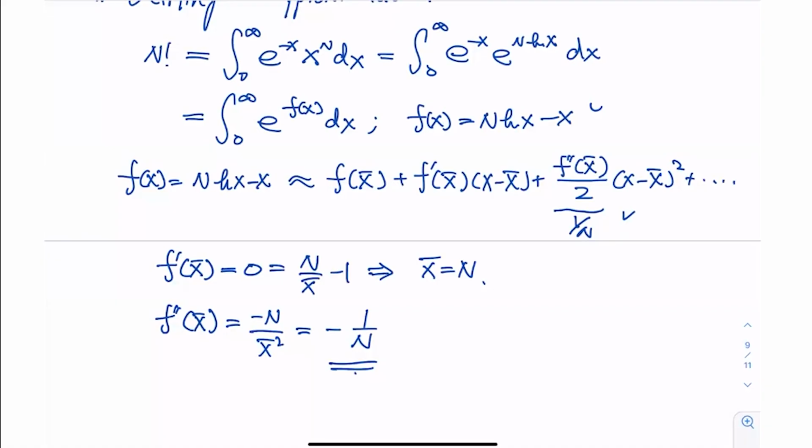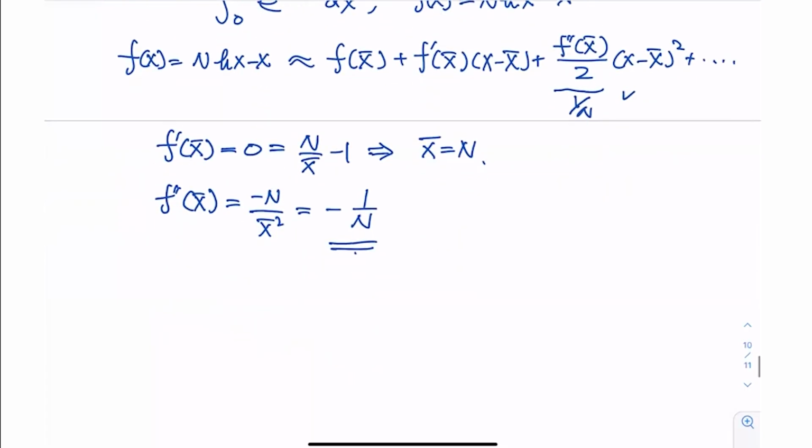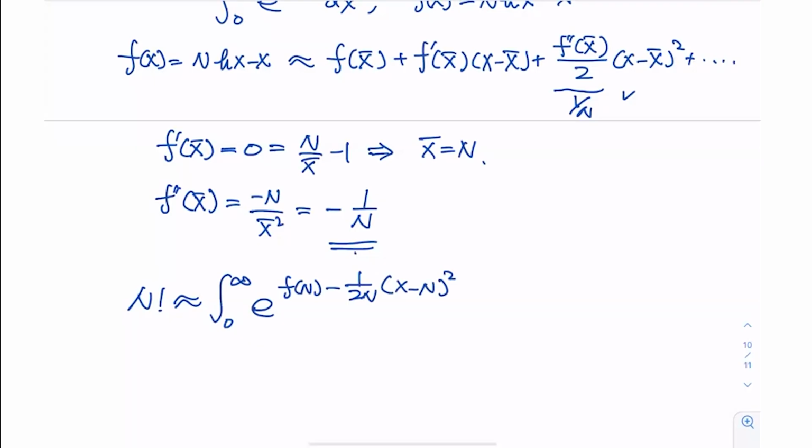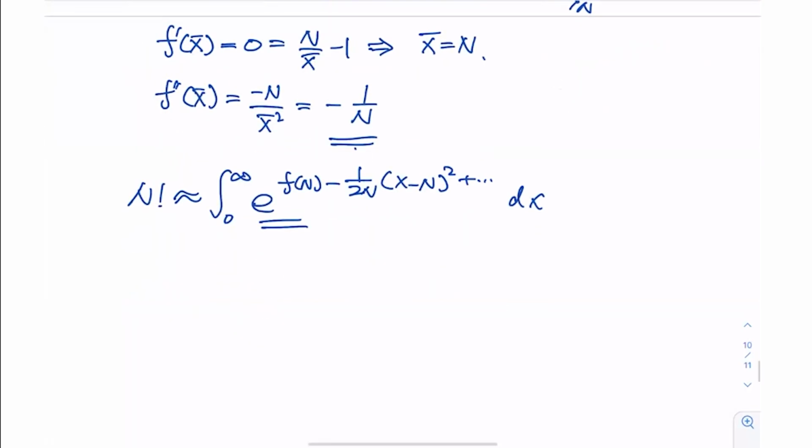So I think I'll just finish it in one line, then we'll take a break. So our n factorial can be approximated by an exponential of f of n, which is just a constant, so we can pull it out of the integral.